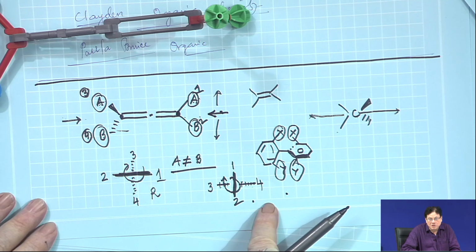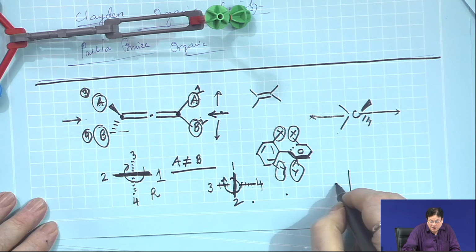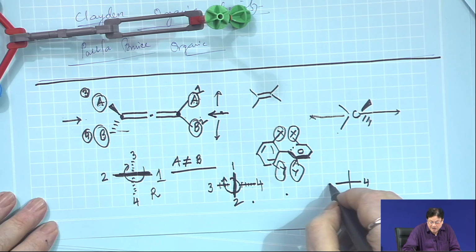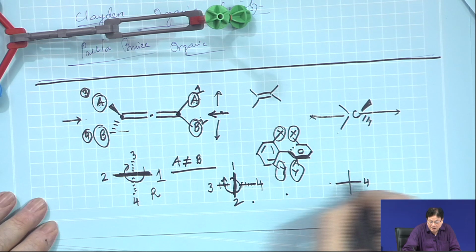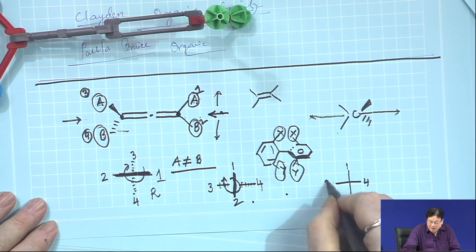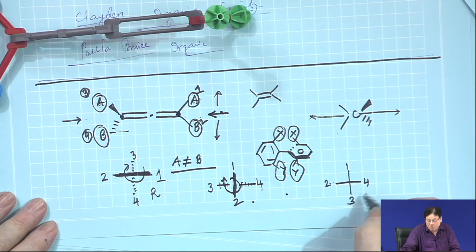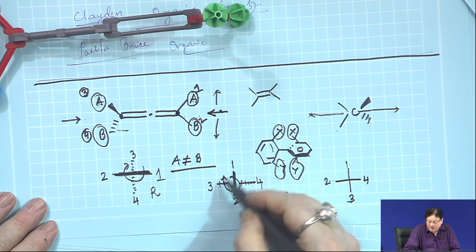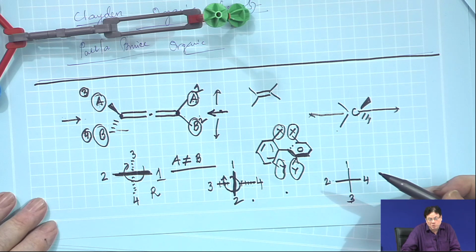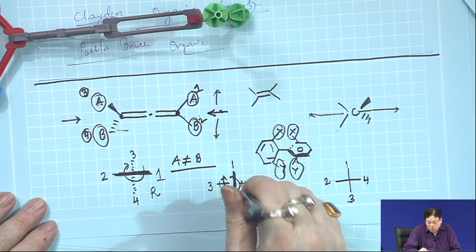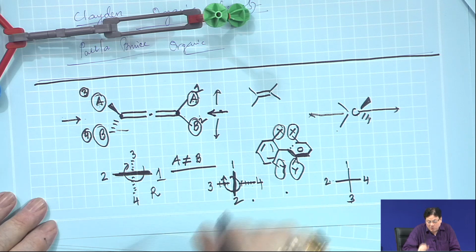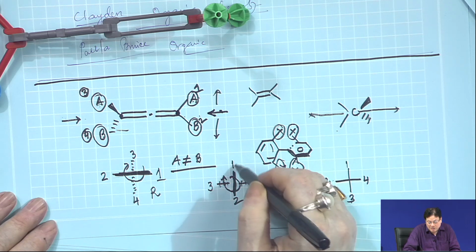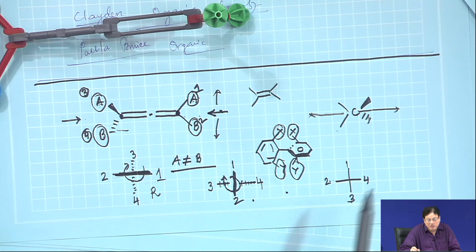In the Fischer projection formula, what I said was that if the number 4 group is occupying the horizontal position, then whatever you see, you have to change that or bring the fourth group to the vertical position. But here you do not have to do that, because this is not a Fischer projection. Okay. The fourth group is always away from you, irrespective of whether it is occupying the vertical direction or a horizontal direction.